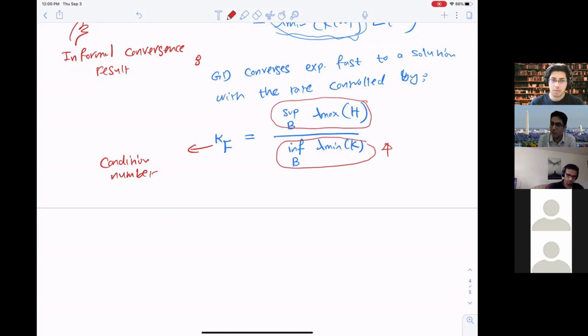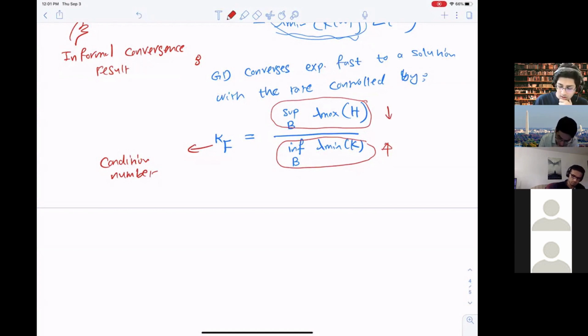So we want to have control on how fast gradients change within the ball. You don't want a very sudden change in your gradient, because in that case you won't be able to have a good characterization of the gradients along the trajectories of gradient descent. So we want this guy to be small. Lower Hessian curvatures are good for us.